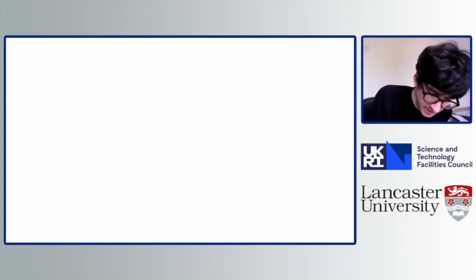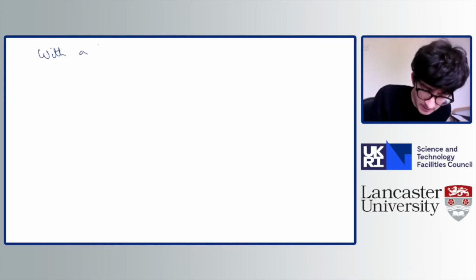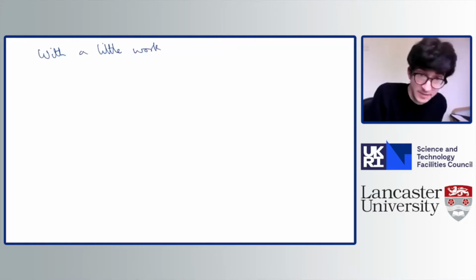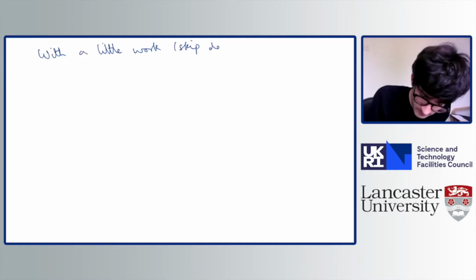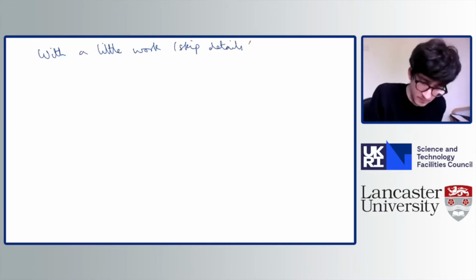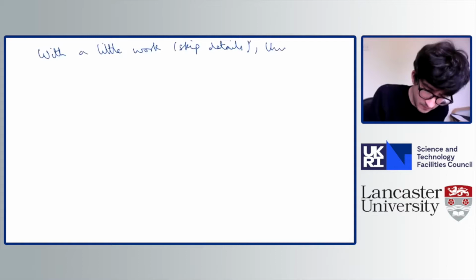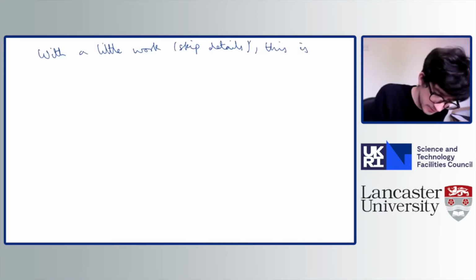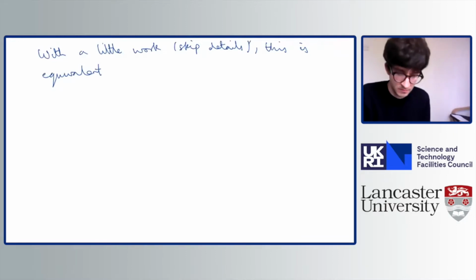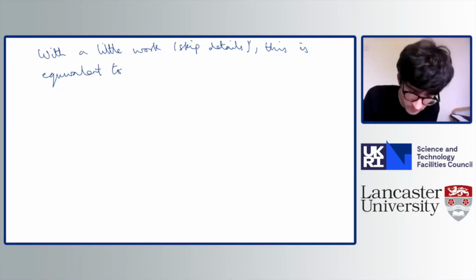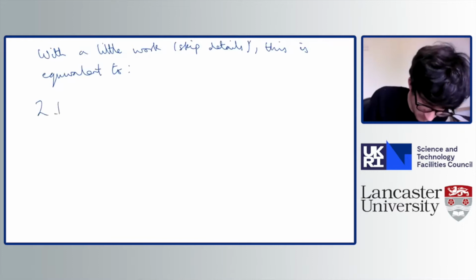Here I am going to skip the details, but with a little work, it doesn't add too much to the discussion, because really I've given you everything you need more or less to do it. This is equivalent to what? Let me write it down.